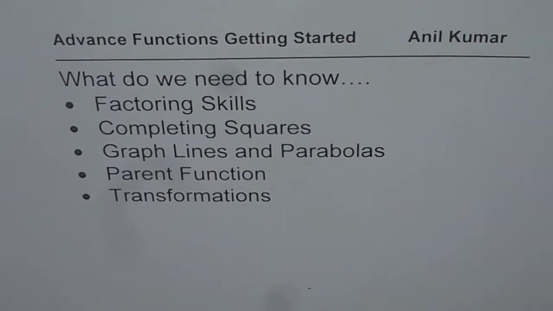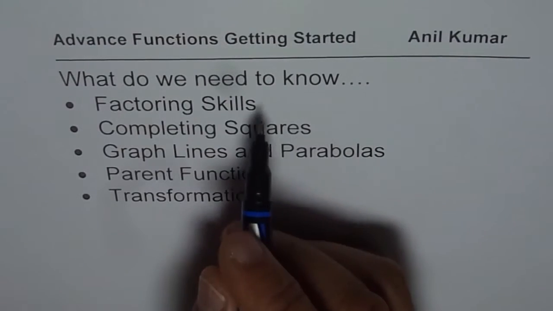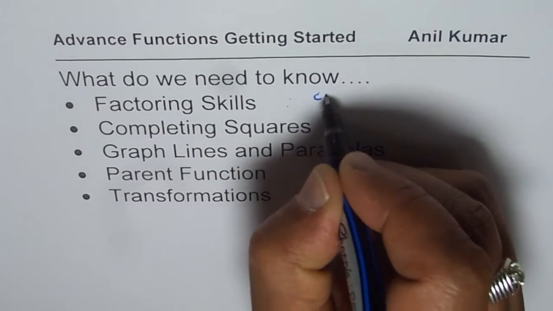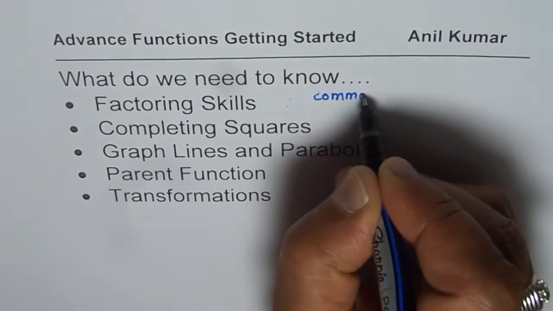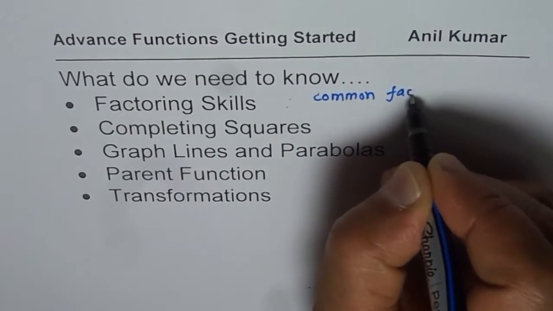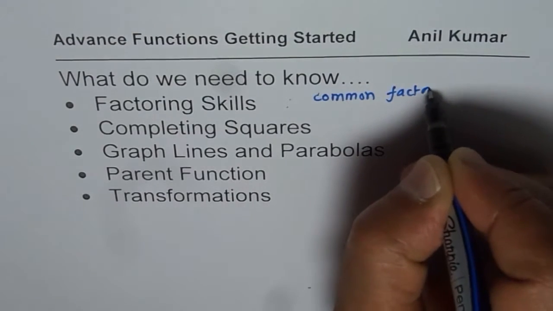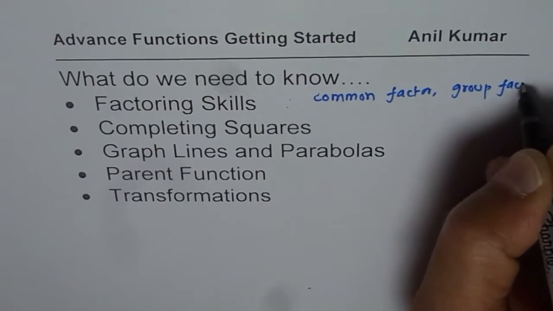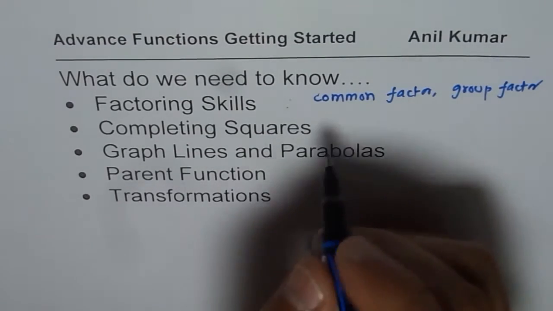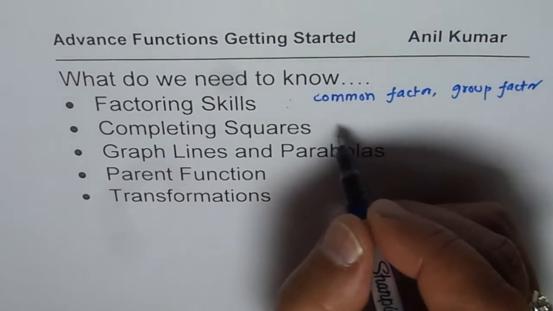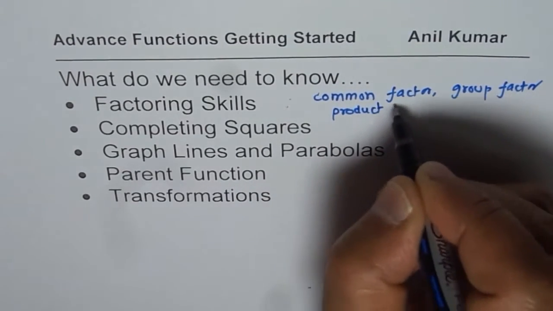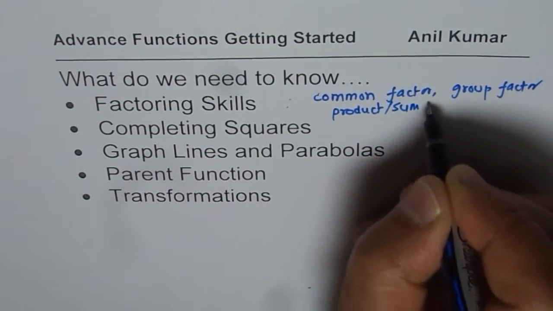When we say factoring skills, we'll be talking about common factors, correct? So things like common factor, then we had group factor, and the equations could be where we have product and sum to consider.